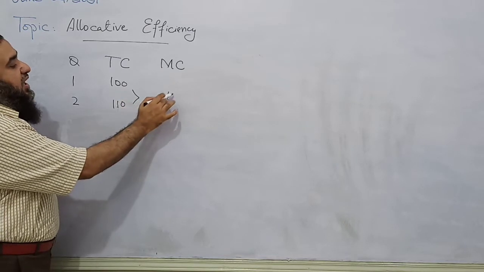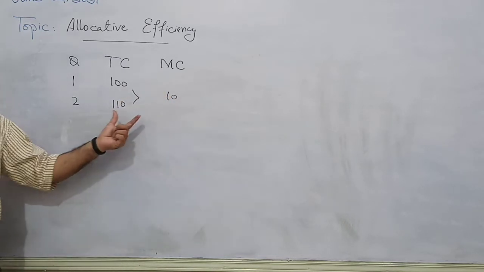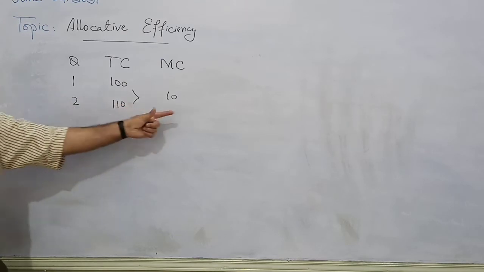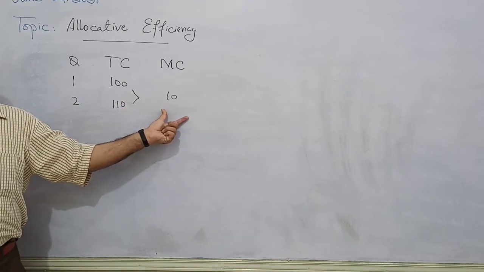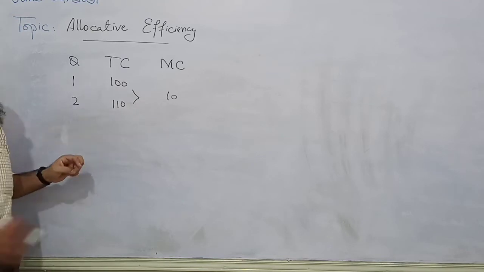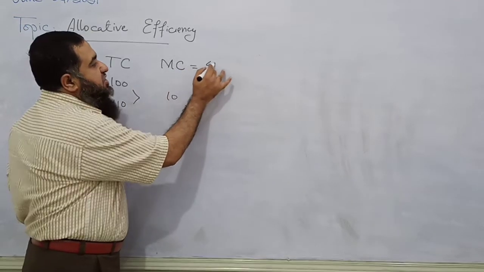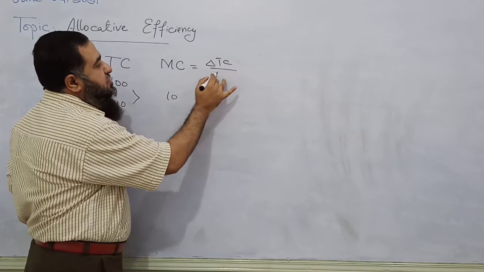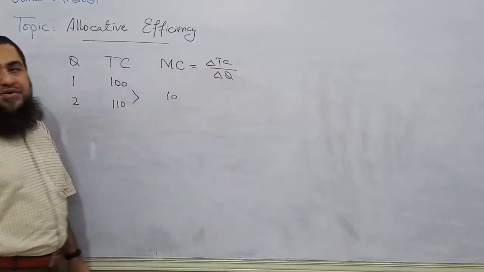What is the additional cost of output? When an extra unit is produced, the marginal cost is 10. That is the change in total cost due to an extra unit produced. Marginal cost is basically the change in total cost due to change in the quantity produced.